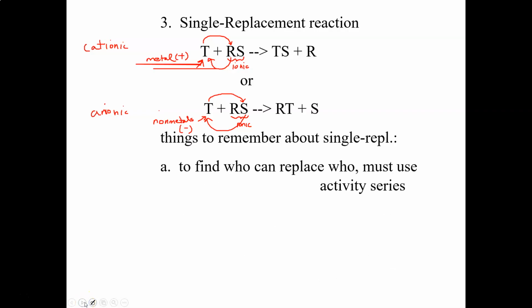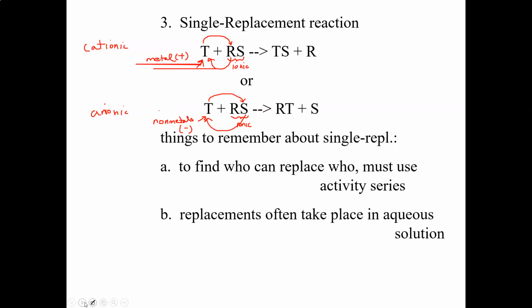But to figure out if the replacement can actually happen or not, we have to use something called an activity series, and I'll show you what that looks like in just a moment. And we also have to remember that most replacements take place in aqueous solution.